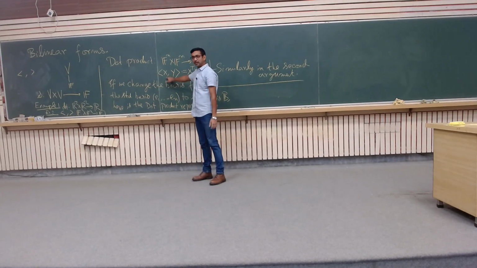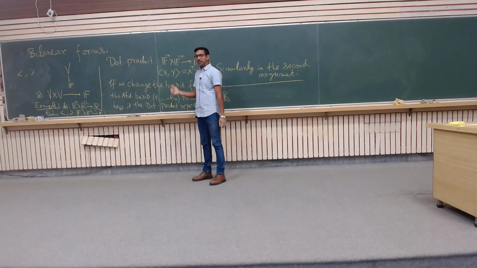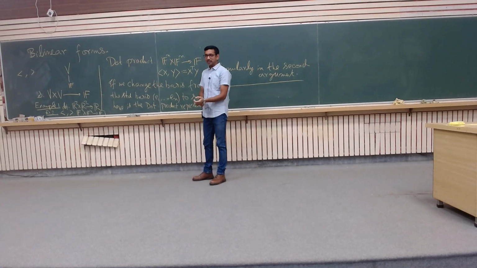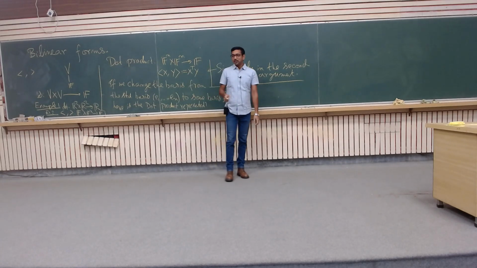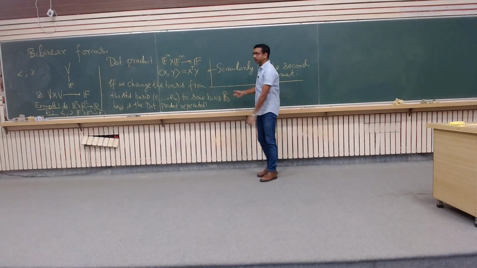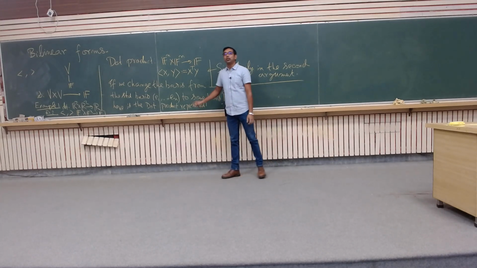X is a vector, so you cannot conjugate it. You can multiply it from one side with the matrix. That's how the coordinate vectors change. Let's come back to it in a moment.